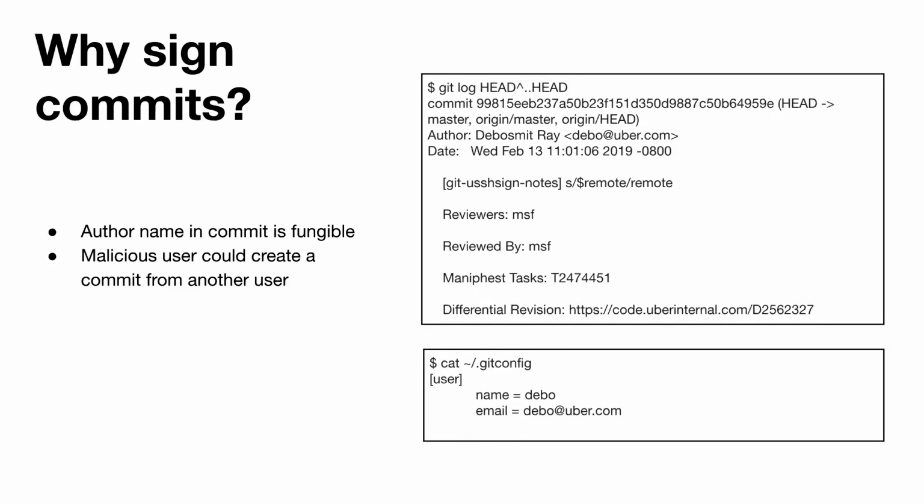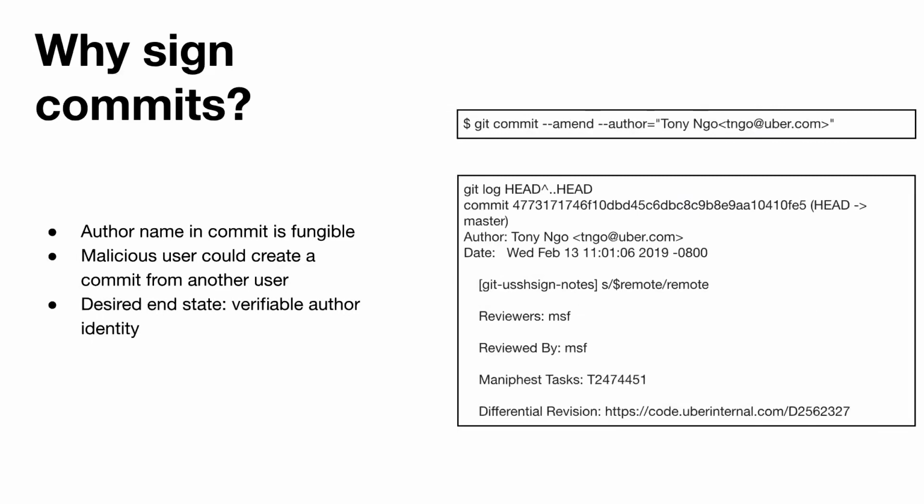Well, it's just a configuration setting. You can send a different name into your commit message or into your Git configuration. And so it's actually fairly easy to create a commit that says it was created by someone else. And so thinking back, if we're trying to understand who committed something, this is not the metadata we need, right? What we need is metadata that is tied back to some cryptographic identity that our developers have.